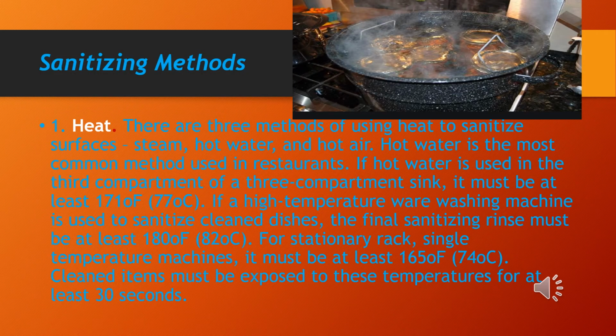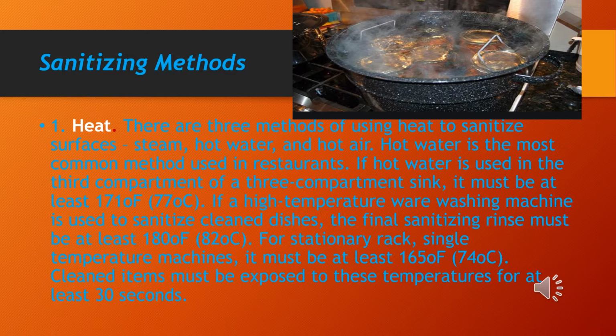We have mentioned earlier that we have three sanitizing methods: heat, radiation, and chemicals. Now let's start with the heat. There are three methods of using heat to sanitize surfaces: steam, hot water, and hot air. Hot water is the most common method used in many restaurants. If hot water is used in the third compartment of a three-compartment sink, it must be at least 171 degrees Fahrenheit.